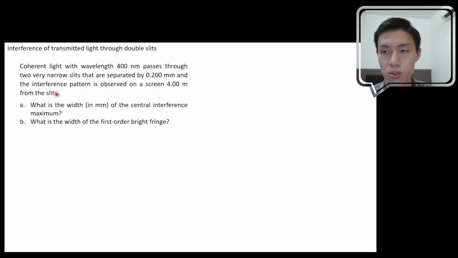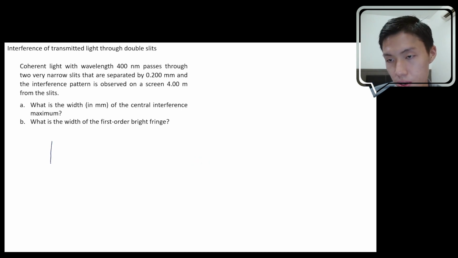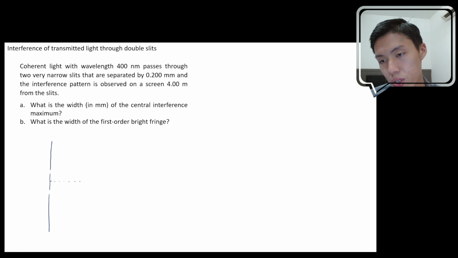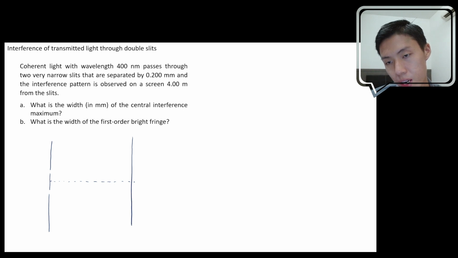Okay, so if you want to represent the situation, we can probably sketch something like this. We have a double slit, and I'm going to draw a center line so that we know where the central bright is, and this will be where we find our screen.